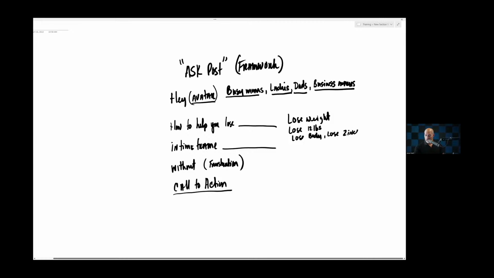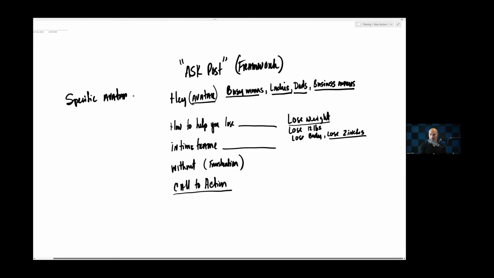Okay. And again, the thing I want you to look at is we have general, lose weight, or very specific, lose 12 pounds. And then we have another one like, hey, lose body fat or lose inches. Now, if you guys think about this, we're getting very specific in the avatar.